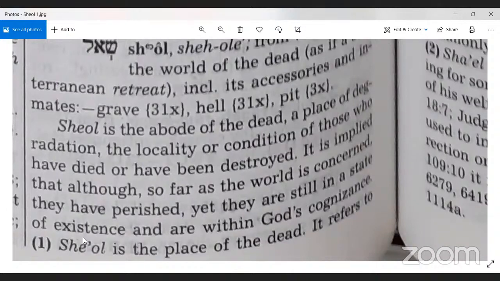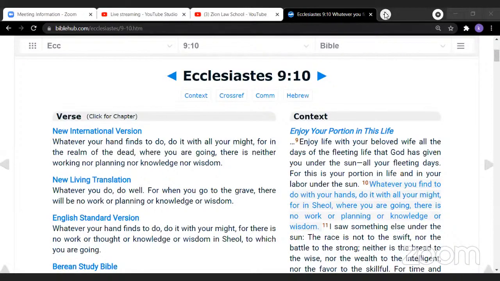And they're saying they still exist, meaning the true self. The decision maker, the first person I. The true self still exists. They exist and are within the Most High's cognizance. So let's look up cognizance, so people who may not know what that means will look it up. Cognizance.